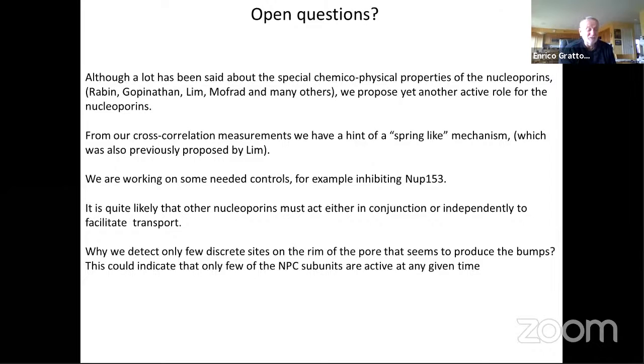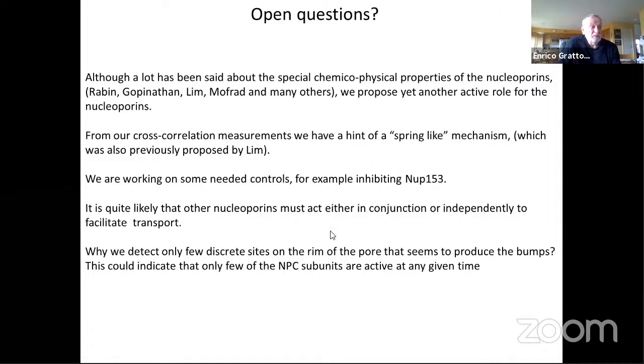Are all 8 working independently, or are all 8 working all together to transfer things from one side to the other? And we don't know about that, because we mark only 1 out of the 8 nucleoporins, and we should mark more of them and see the cross-correlation between the motions to answer that question.